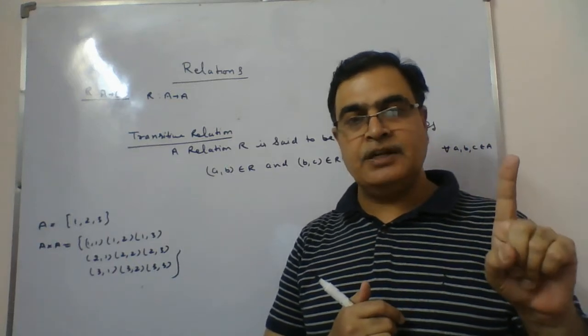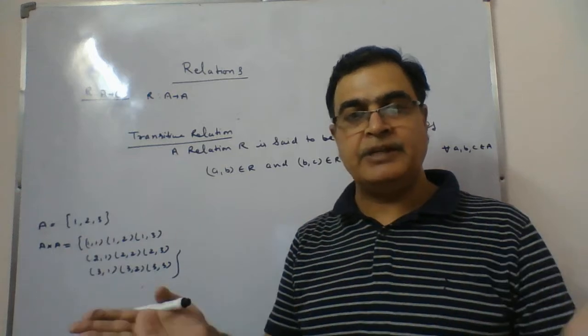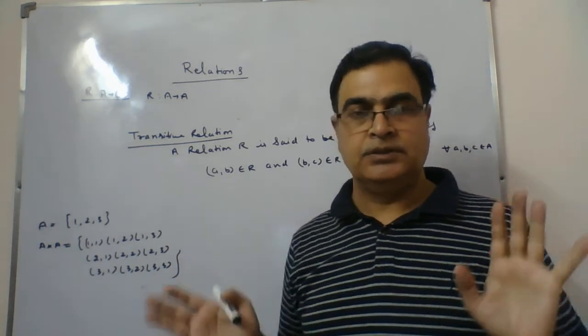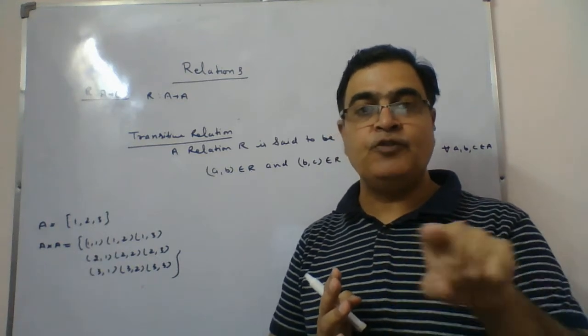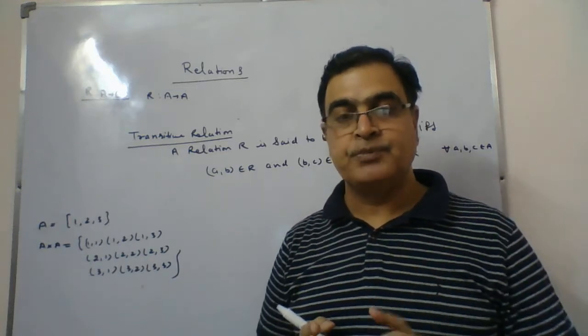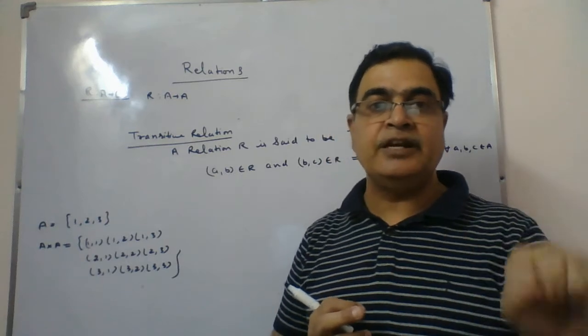In the first relation, the void relation, I told you phi is an empty set, or phi is a subset of A cross A, so it will be an empty relation. Then I told you A cross A itself is a subset of A cross A, which means it is a universal relation. Then I told you identity relation: each and every element must relate with itself.